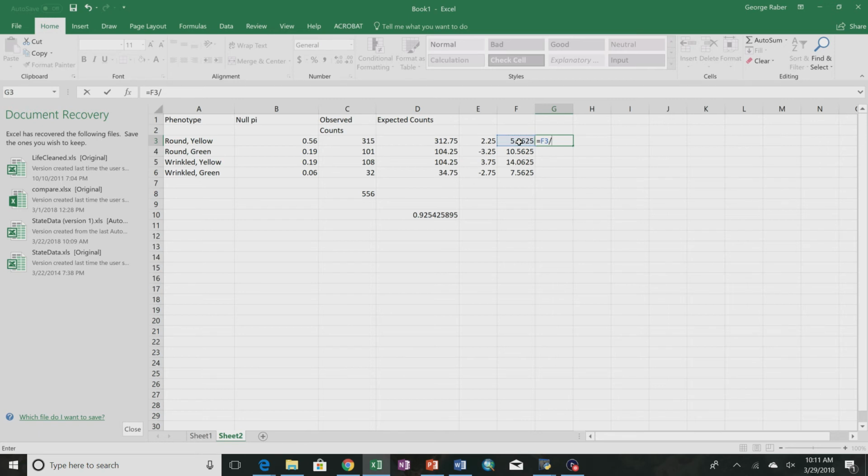Equals this divided by, oh, sorry, yeah, this divided by the expected. And then this is equal to the sum of all those. Now that's not your p-value, that is the test statistic, that's chi-square.